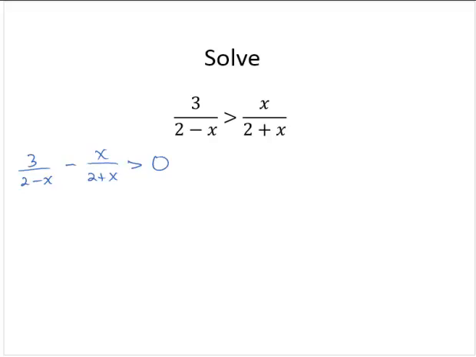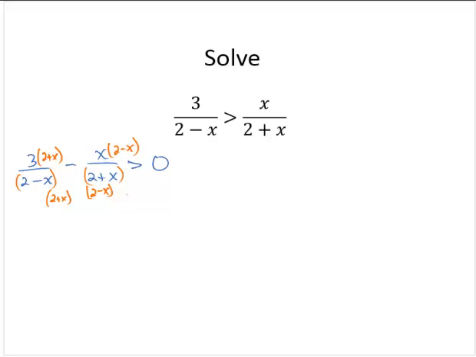Now, what we want to do here is on the left-hand side, let's get that to a single fraction. So I'm going to need to build up these fractions so that they have a common denominator. I have a factor of 2 minus x and a factor of 2 plus x. So I need to build in on the first fraction a 2 plus x in both the denominator and numerator, and I need to build in a 2 minus x into the denominator and numerator of the second fraction.